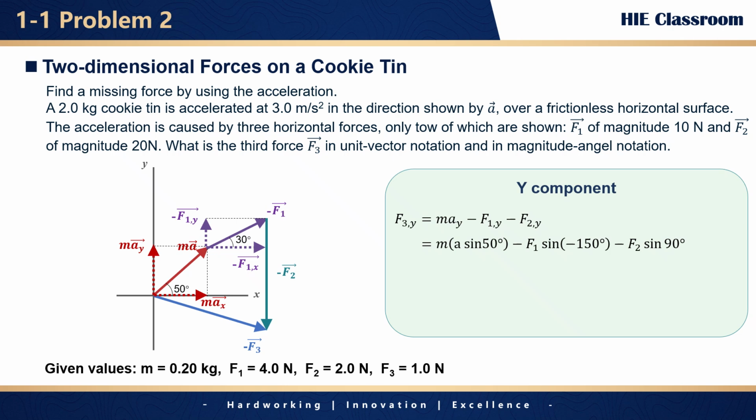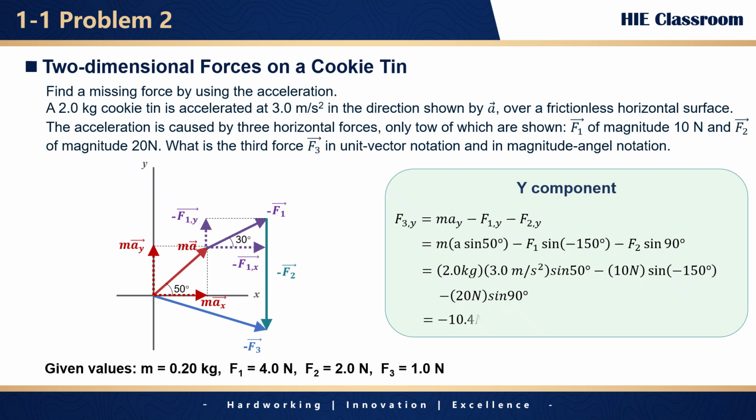Putting in the values, we will have 2 kilograms times 3 meters per second squared times sine 30, minus 10 N times sine negative 150, minus 20 N times sine 90.